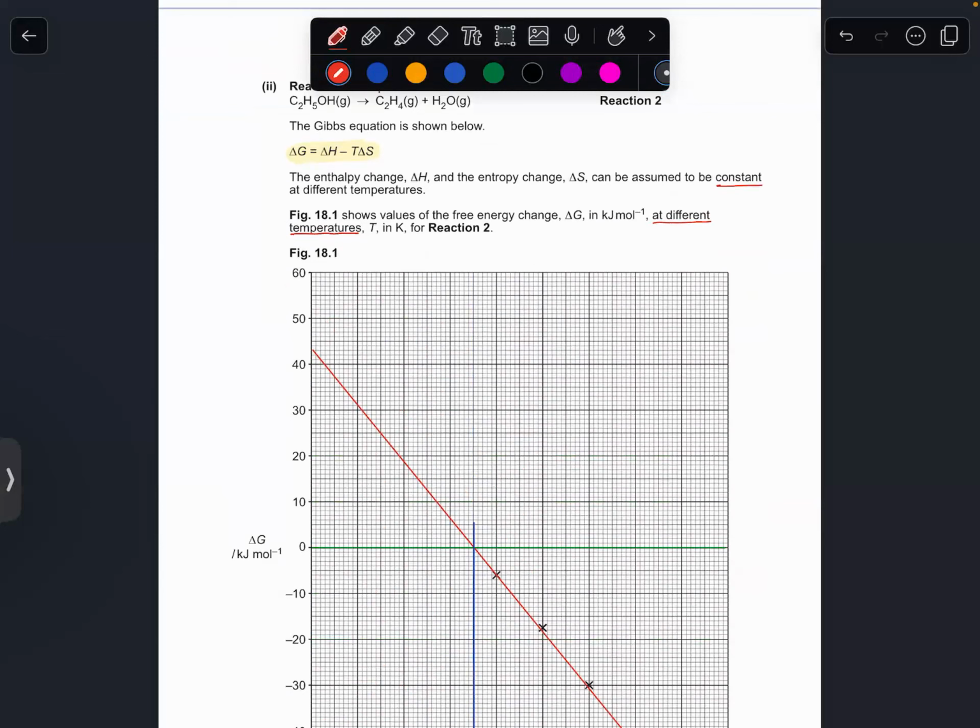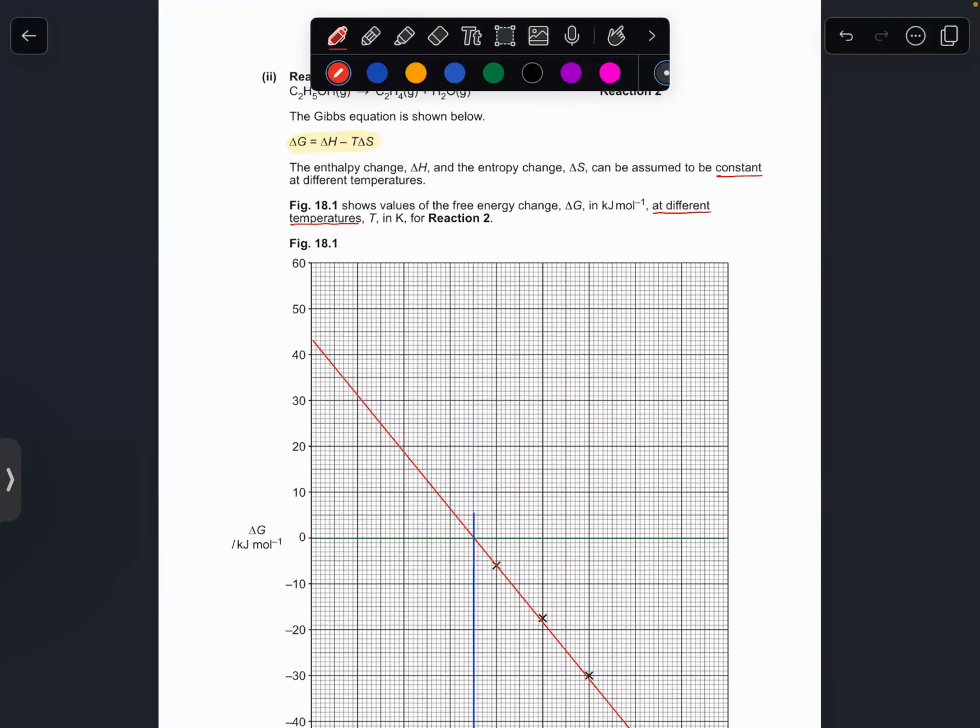I'm missing something here. Why is the gradient referring to the entropy change? Anyway, let's come back to that point.